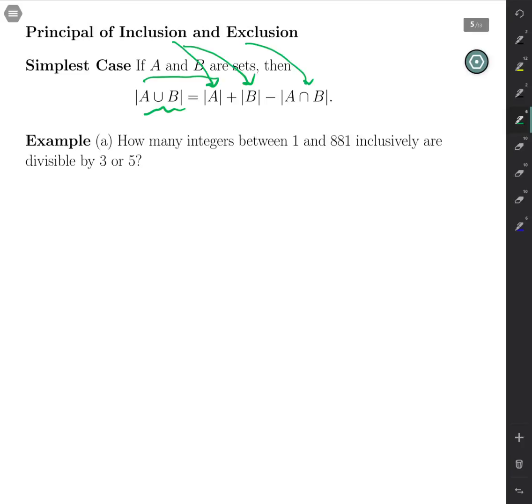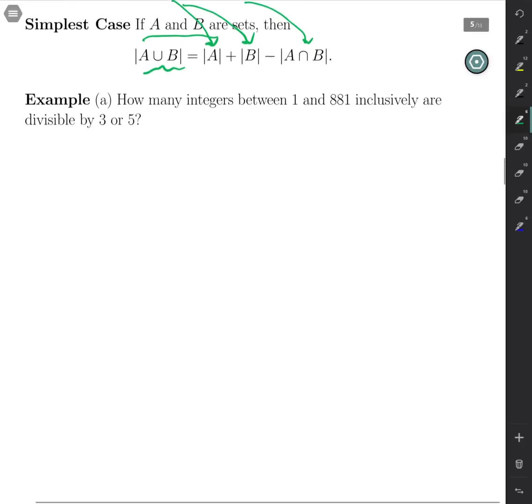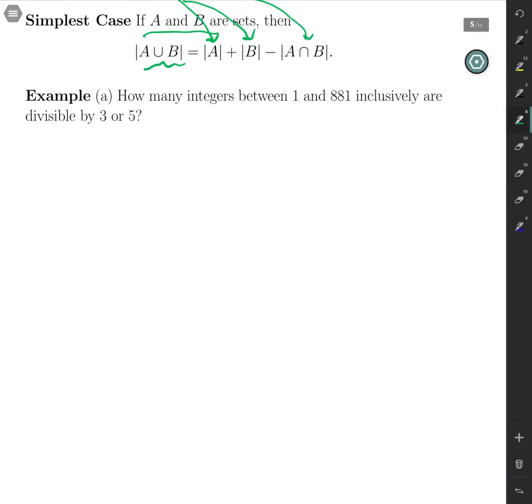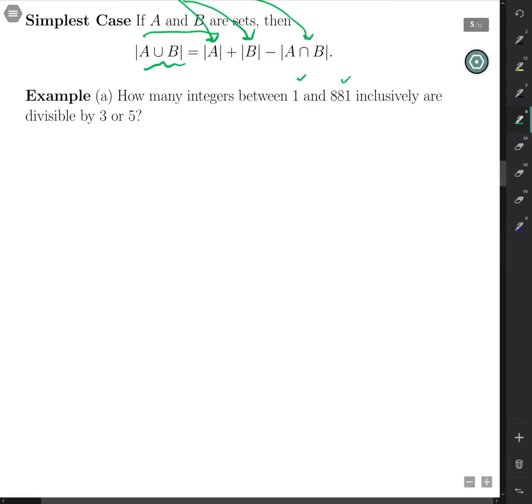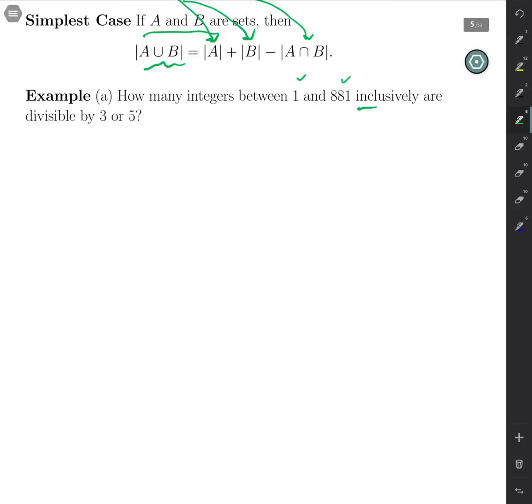So the first problem we're going to do along these lines will also show us some other counting in a kind of special case, I guess. I'm going to calculate how many integers there are between 1 and 881 inclusively, meaning we'd count 1 and 881 if they happen to apply. How many of those are divisible by 3 or 5?